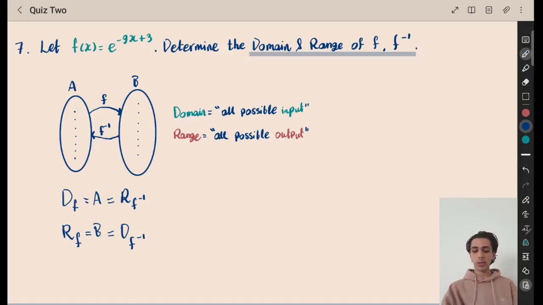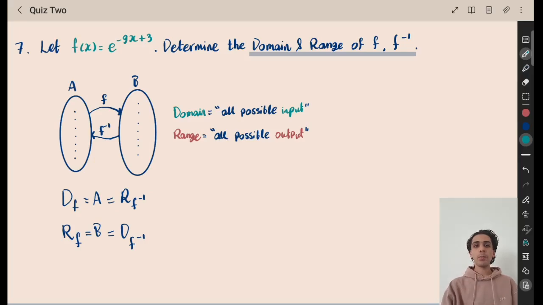And we can make sense of this just by looking at what points f inverse sends. So here, f inverse sends all the points from B. And so, by definition, this is the domain of f inverse. But at the same time, it's the range of f, because the values that are being sent back with f inverse are the values being sent in the first place using f. A similar argument works for the range of f inverse.